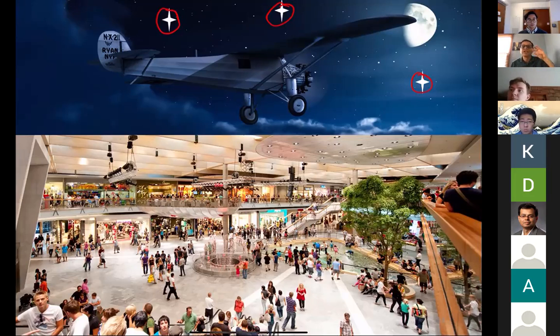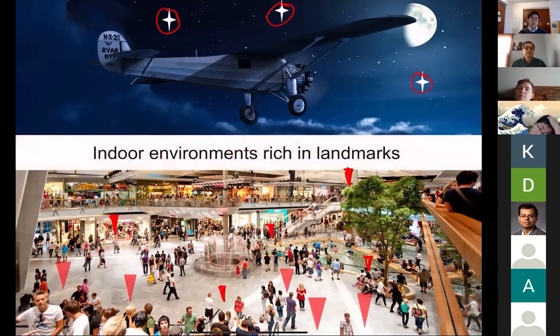These stars are essentially multimodal sensor signatures that are scattered around in the environment. And once we figure out those stars, which we are calling landmarks here, there are landmarks all at different places, then we can use these environments rich with landmarks to do our localization.